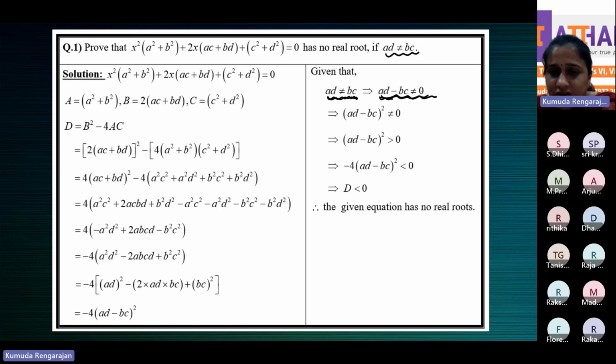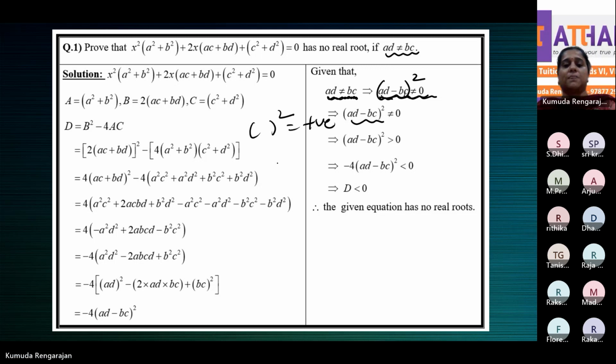So if their difference is not 0, when you square the difference, what will that be? The square of the difference also cannot be 0, right? Because the difference itself is not 0, then how will the square be 0? It can be positive or negative, but it cannot be negative because whenever you square something, it will always be positive.